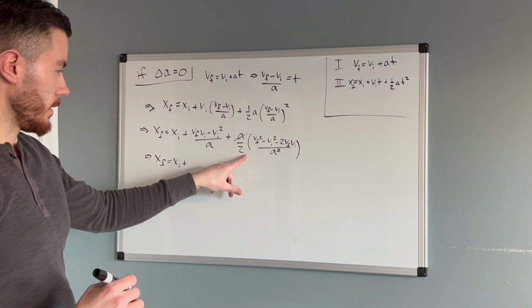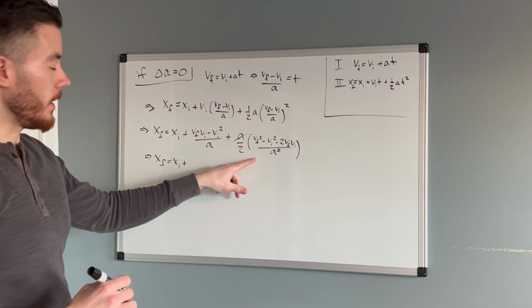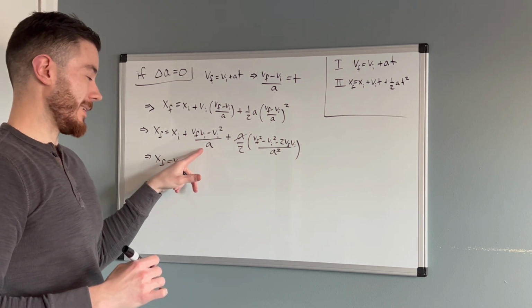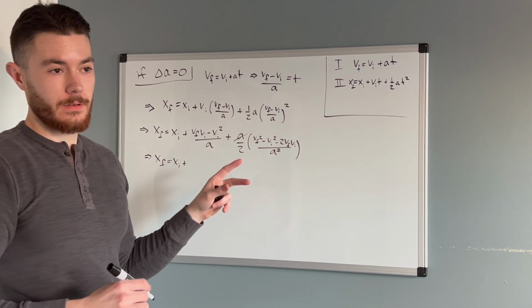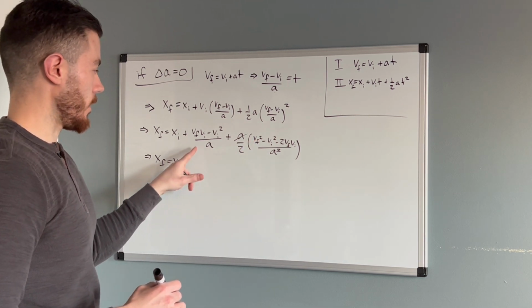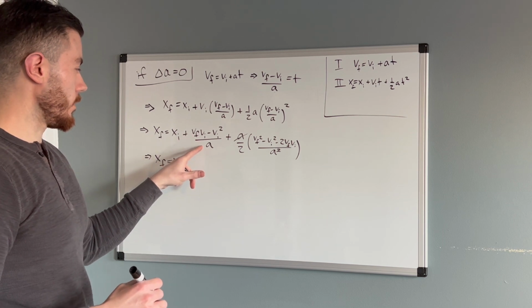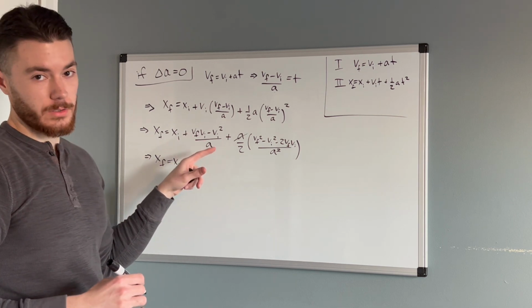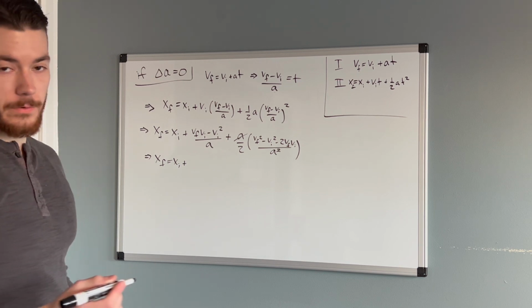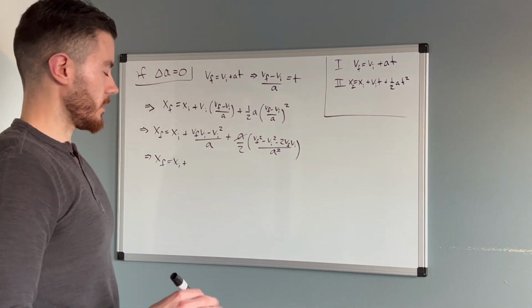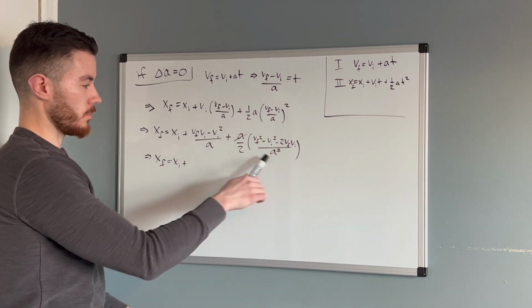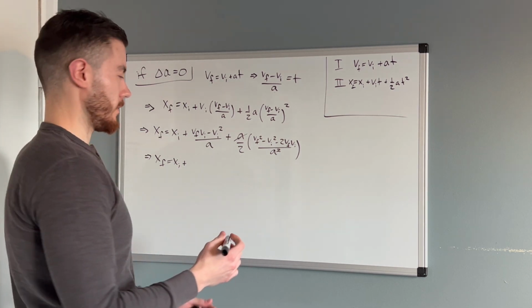in this term there's a 2a on the denominator, and in this term there's just an a. In order to add these terms together, we need a common denominator. So I'm going to multiply both the numerator and denominator of this term by 2. It's 2 over 2, the same as multiplying by 1. It doesn't change anything, but it'll allow us to combine these as they now have the same denominator.